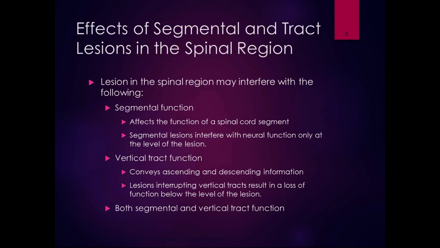Okay? Vertical tract function, the vertical tract conveys ascending and descending information. So lesions interrupting vertical tracts result in a loss of the function below the level of the lesion. So that's an important way of differentiating the spinal region from peripheral region lesions and segmental from vertical lesions.